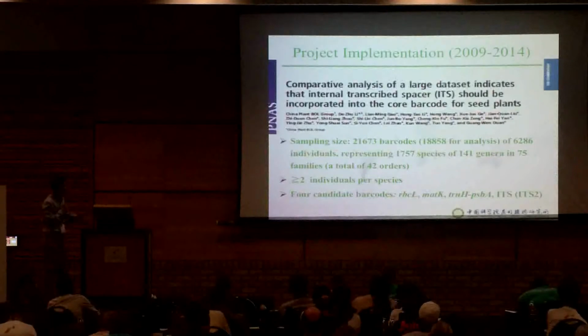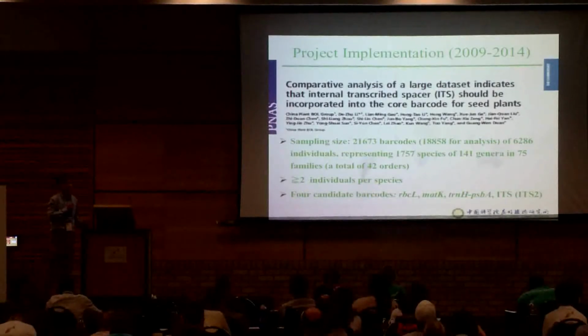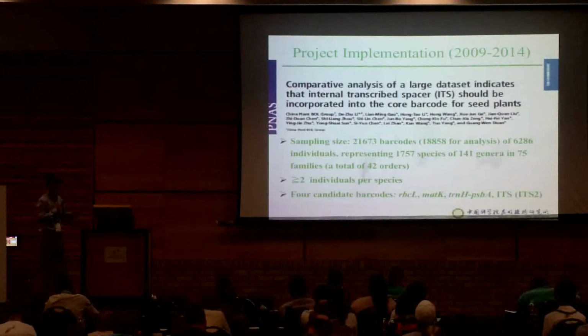We support using ITS as part of the DNA barcodes, because the larger data set indicated that the rbcL and matK combination discriminated less than 50% of our data set. But by integrating ITS, the discrimination power can be as much as 70%.